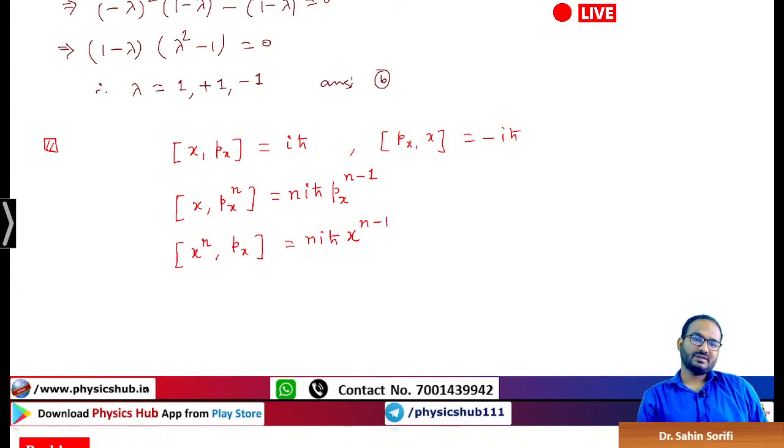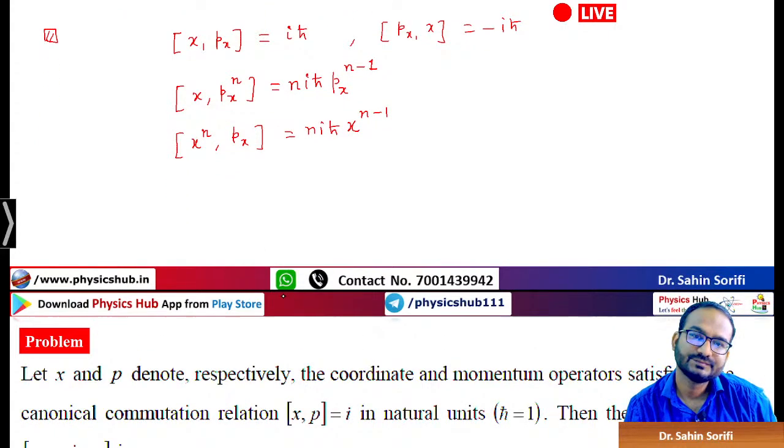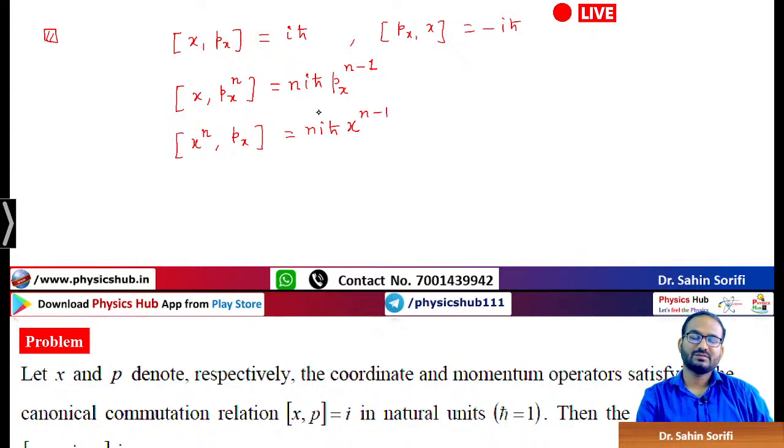So these are very straightforward, interesting results. You can remember this. Whatever power is given, that will come down and the power will be reduced by 1 unit. Here px to the power n becomes px to the power n minus 1, n i h cut will remain. Here also x to the power n becomes x to the power n minus 1.